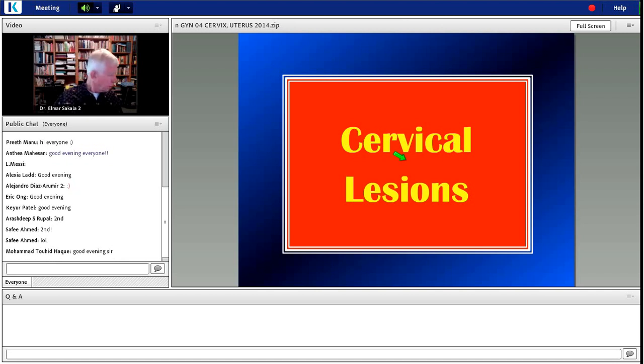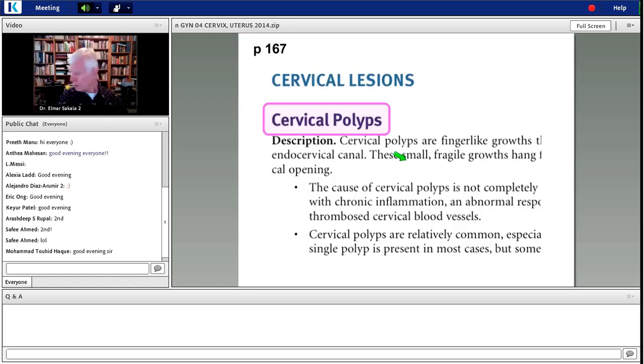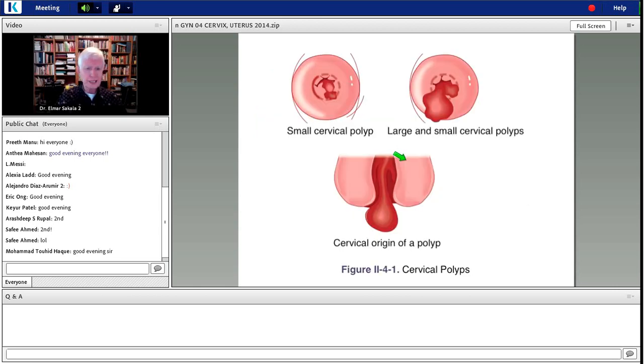First, we'll start with cervical lesions. In your book on page 167, it identifies cervical polyps. There is an illustration in your book which isn't super hot. But what it shows is the prolapse of the columnar epithelium of the endocervical canal.